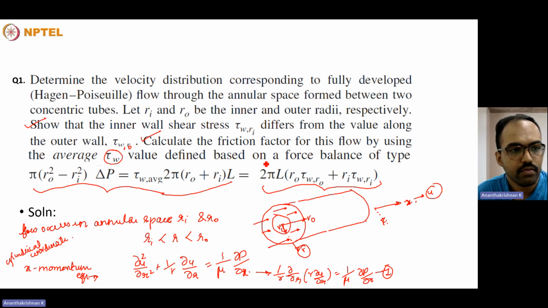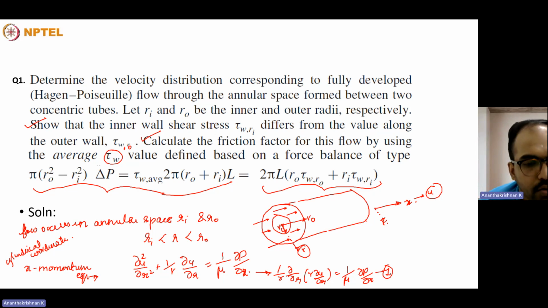And the second part of the problem, we need to calculate the friction factor for this flow by using average shear stress based on the pressure shear stress balance for a control volume. For that, we require the value of the average shear stress and the shear stress at the inside and the outside walls.